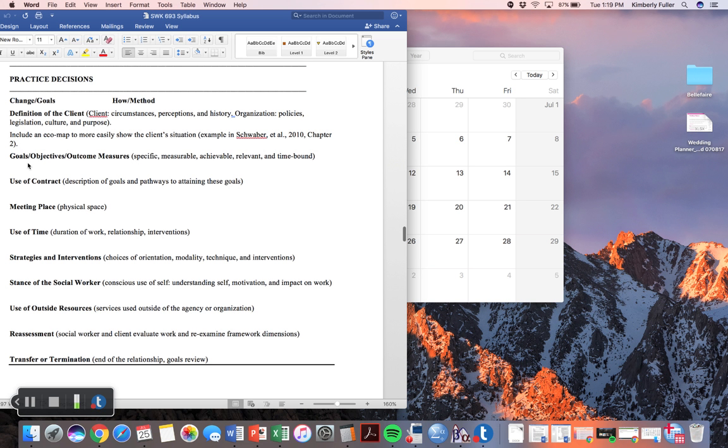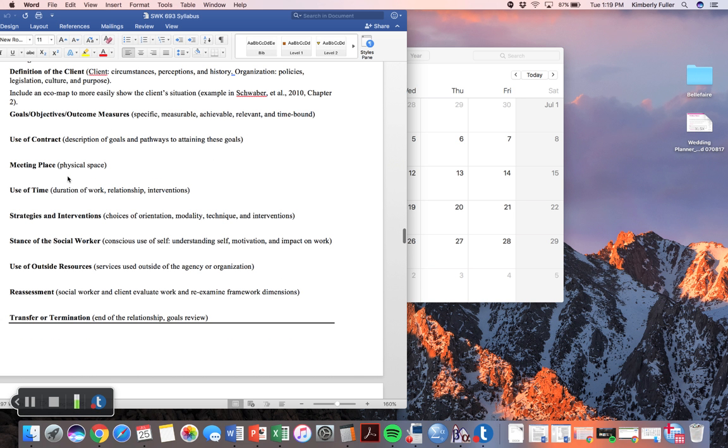You can talk about goals, objectives, outcome measures, the use of a contract, possibly, to try and help clients in achieving their goals, maybe changes in a meeting place or a physical space, how you might use the time differently, like if you're looking at changing interventions, maybe you would work in this particular area more or less.